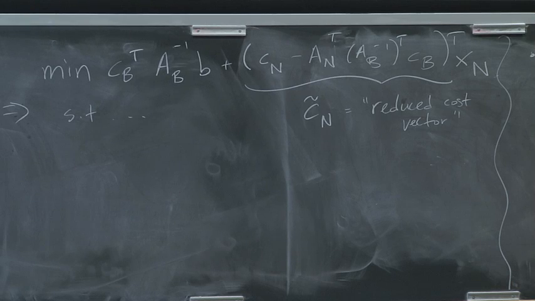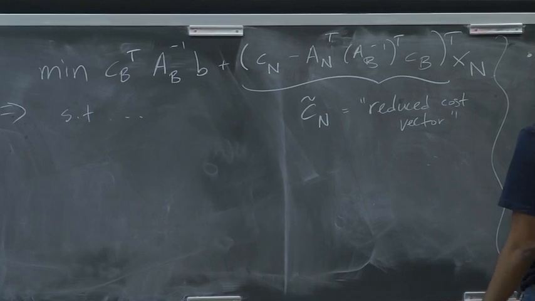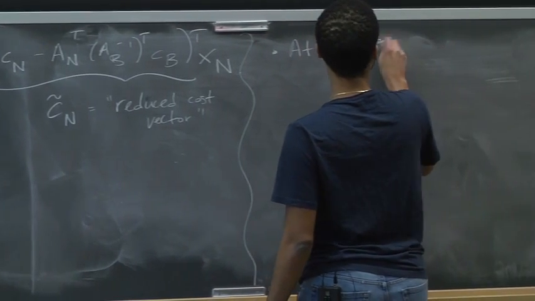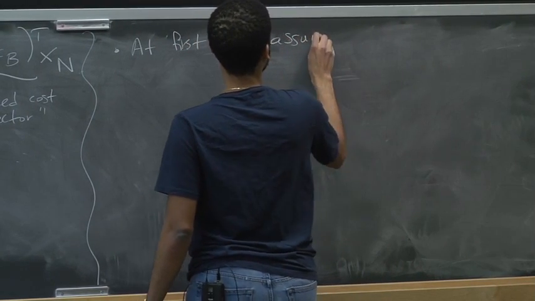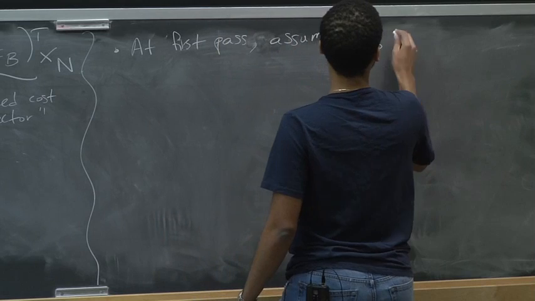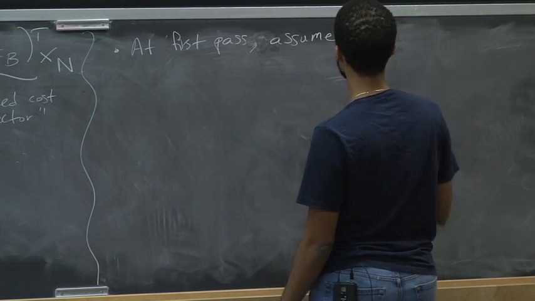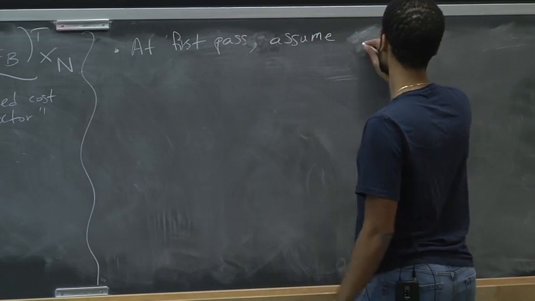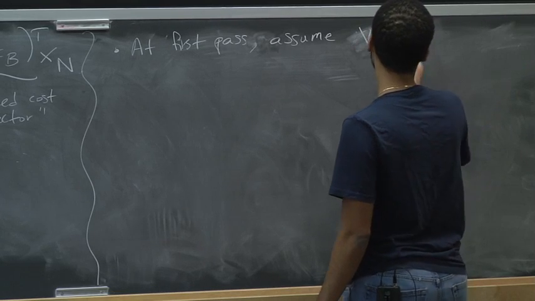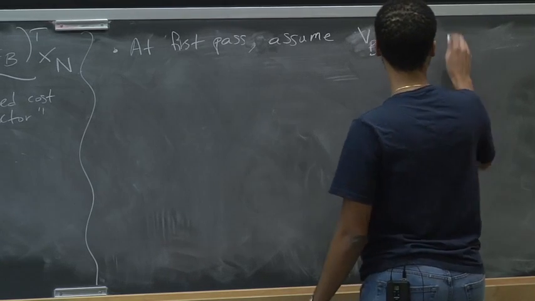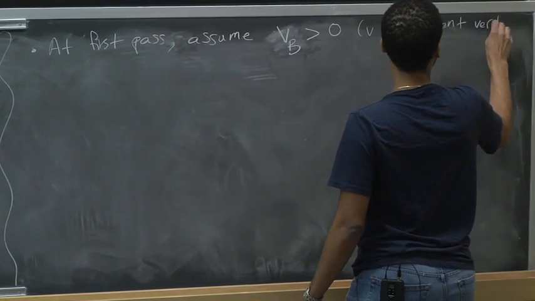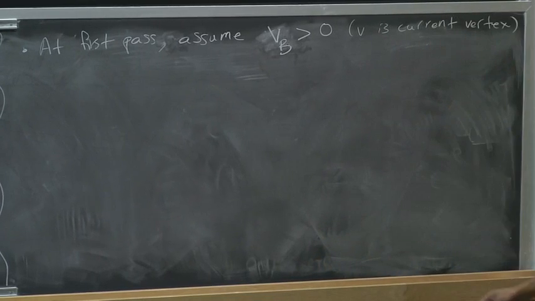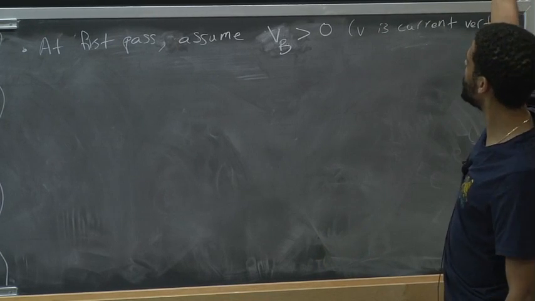And now, at first pass, assume that, so let's say the current vertex is v. Assume that v_B is strictly positive. Okay, meaning that B prime and B were the same, right?